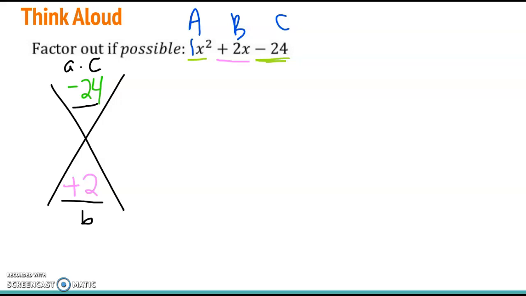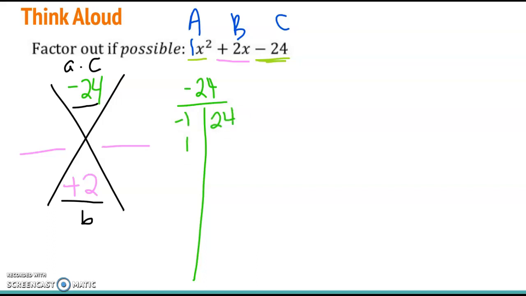So I want to know what these values are going to be, but I first need to factor negative 24. When I'm factoring, it means two numbers that will multiply to give me negative 24. For example, negative 1 times 24 will give me negative 24. A positive 1 times a negative 24 will give me a negative 24.